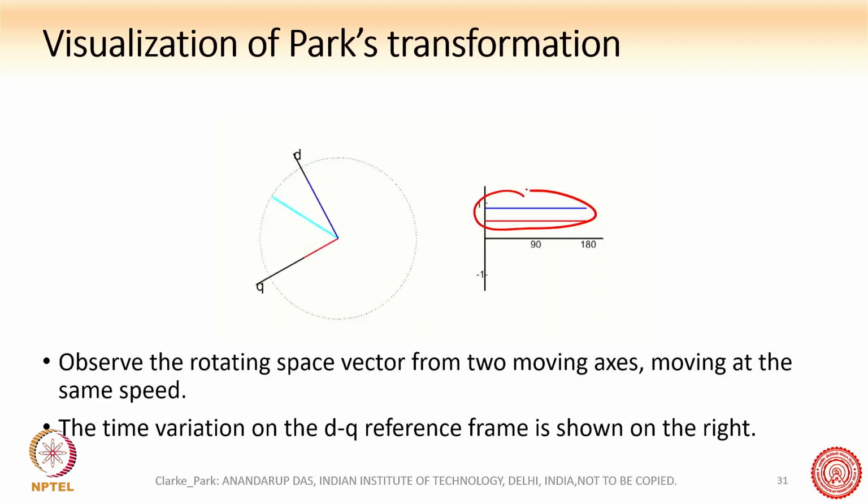So if you deal with DC quantities, you have a very large bandwidth available to you. On the other hand, if you have AC quantities, like in alpha beta transform, you will get I alpha and I beta which are at 50 hertz.